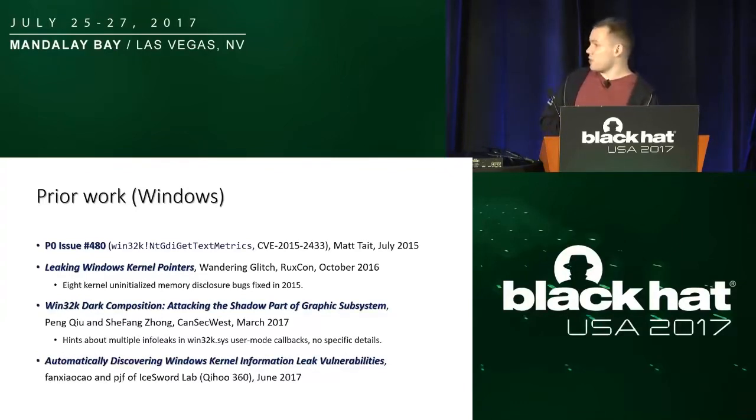And we have two more. We have a presentation from this year from Consequest, which doesn't really concern this subject, but mentions that there are some leaks in Win32k user mode callbacks. And also we have this work from just last month from two researchers, which also collided with my research and tried to find some info leak bugs in the Windows kernel automatically.